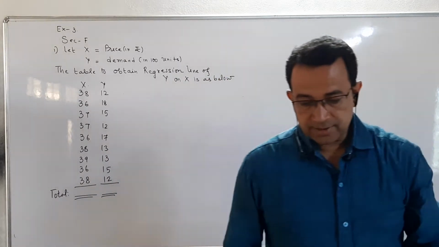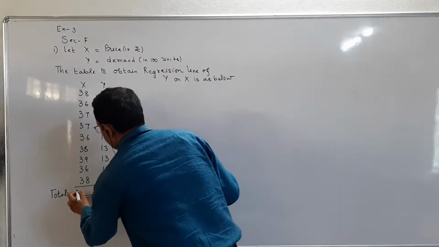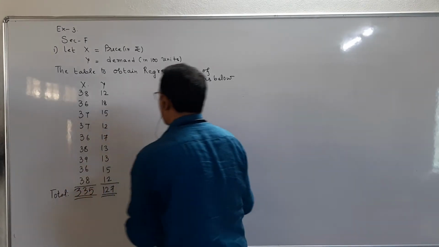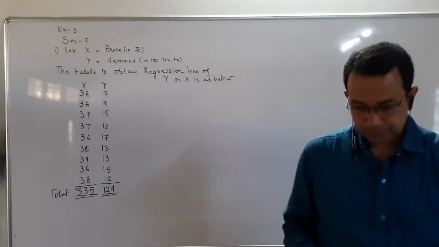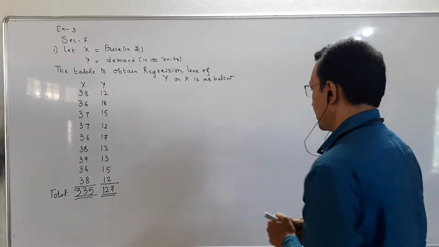Okay, now students, the totals of X and Y are 335 and 127 each. So let us operate X bar and Y bar.